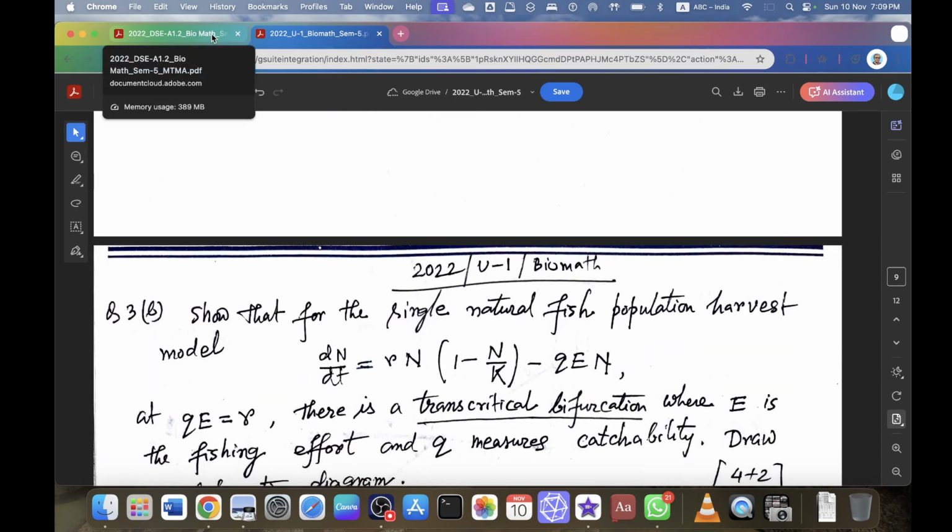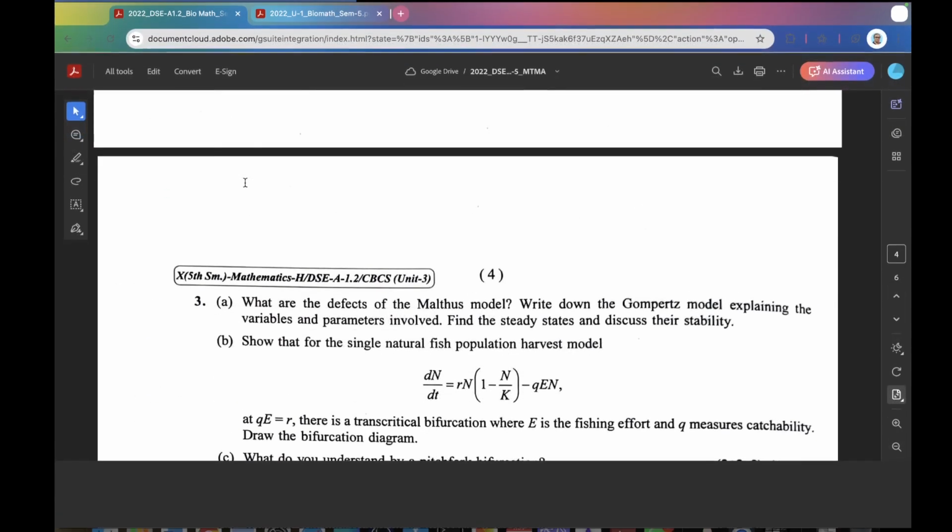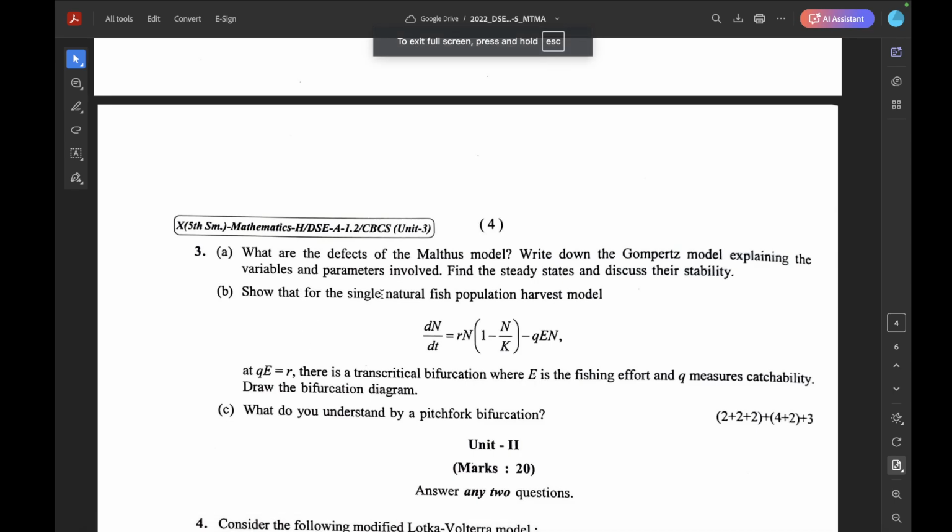Next, part 3b. For the single natural fish population harvest model, dN/dt = rN(1 - N/K) - qEN. At qE = r there is a transcritical bifurcation, where E is the fishing effort and q measures catchability.